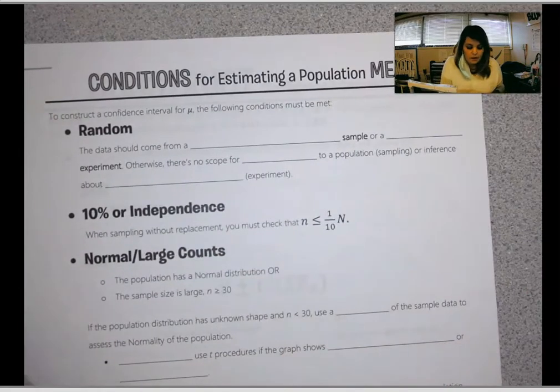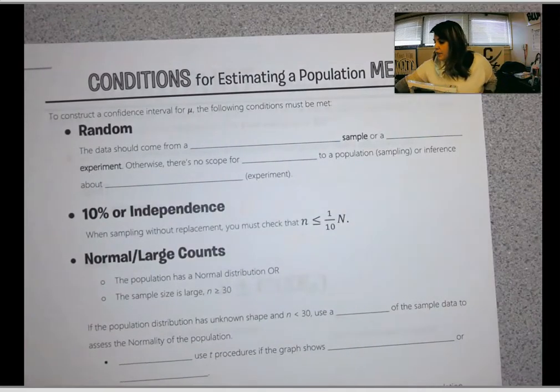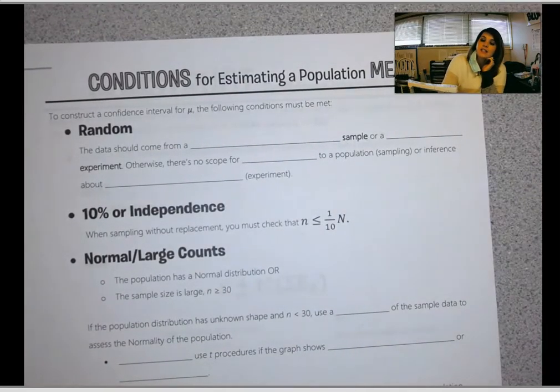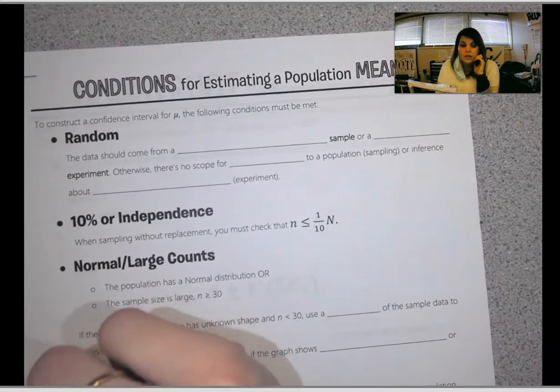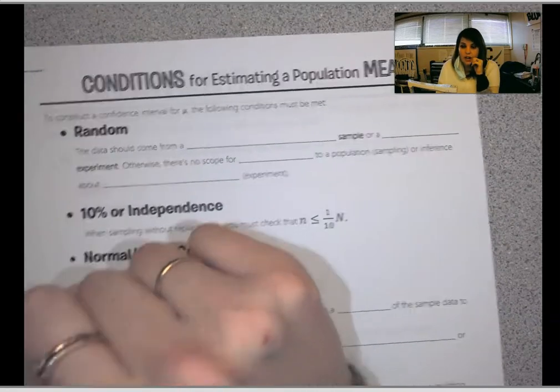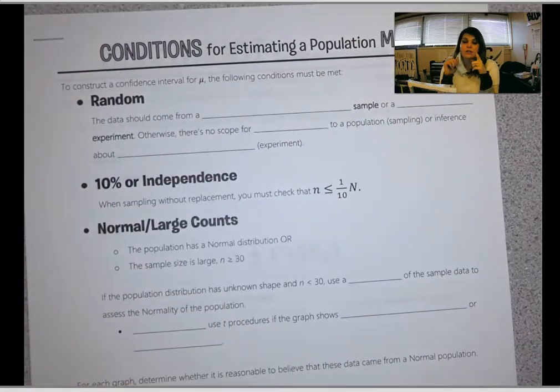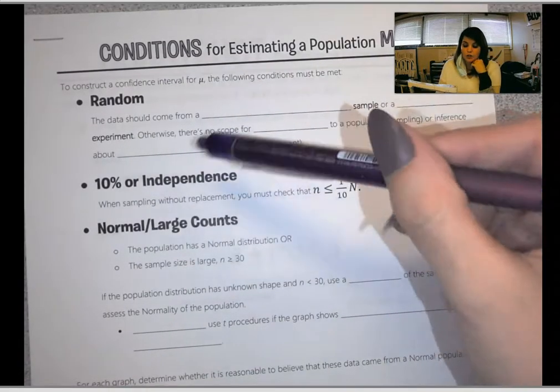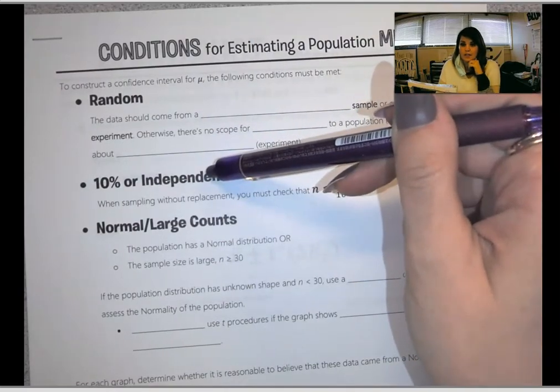When we make one sample t intervals for mu, we have to check our three conditions: the random condition, the 10% condition, and the normal or large counts condition.